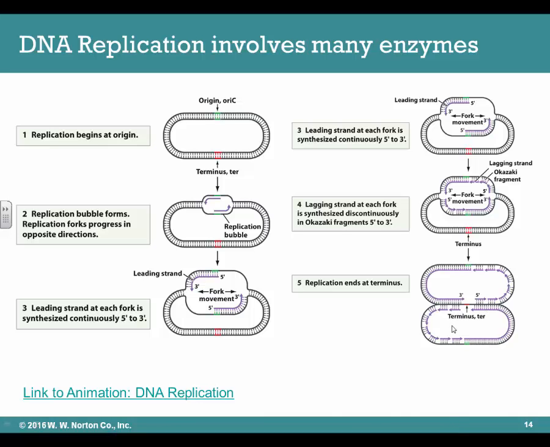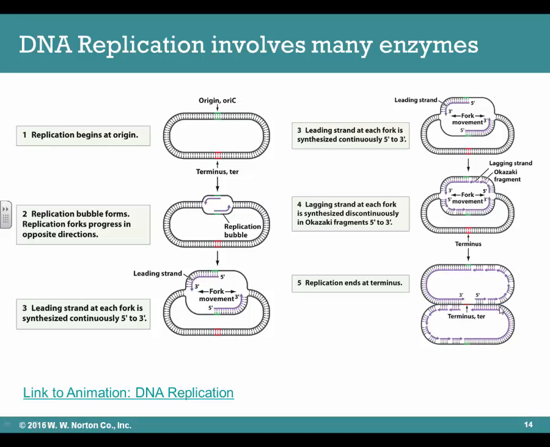In the end, you have the parent strand here in black and the newly synthesized strand in purple. And there are other enzymes like ligases that fill in all of these gaps that you see between the Okazaki fragments to make a complete copy.